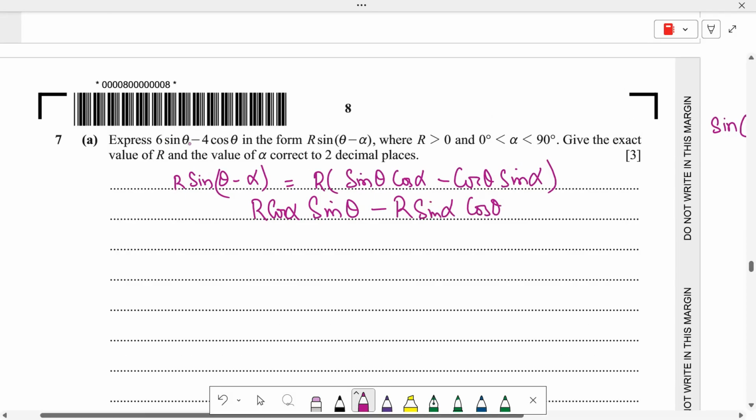And we need to express this in the form of this.